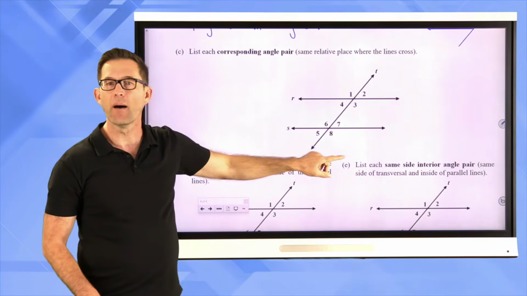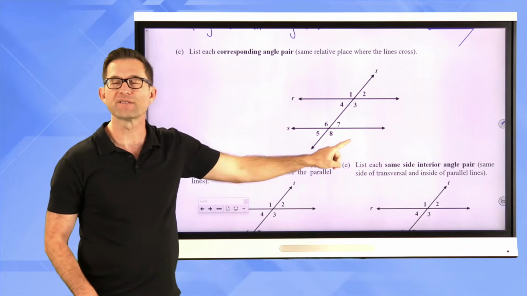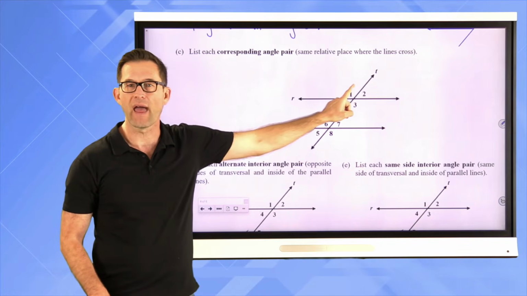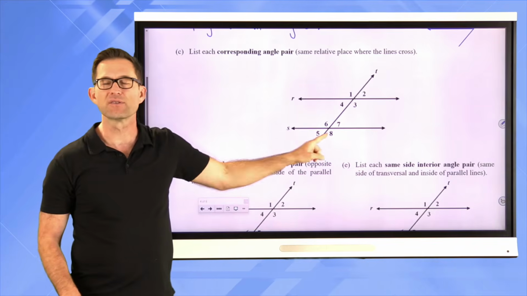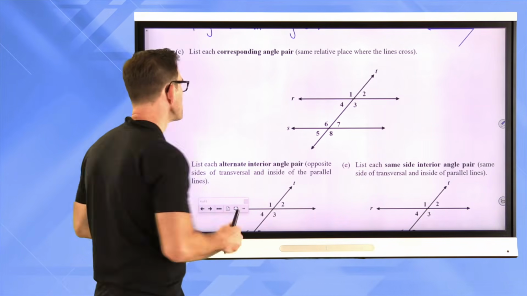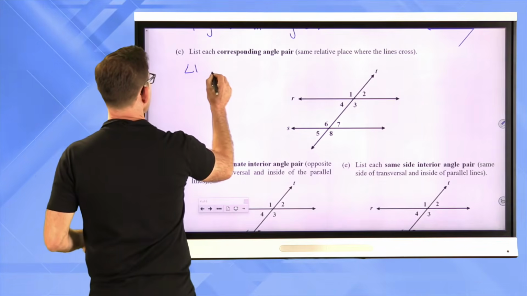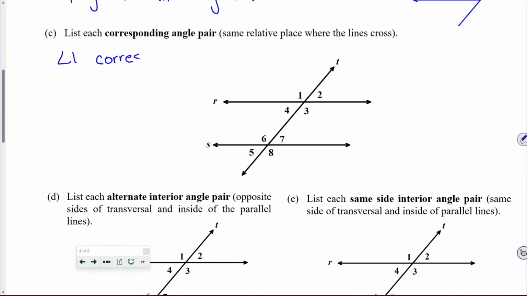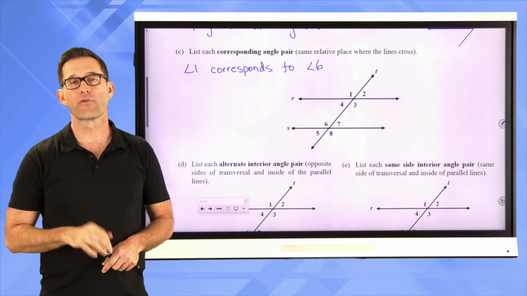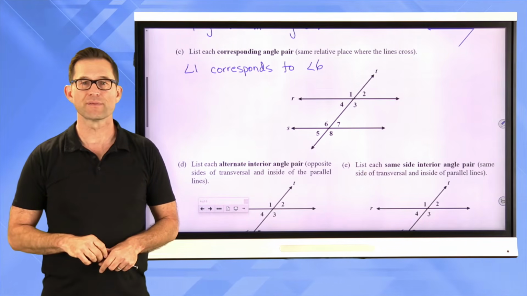What angle is in the upper left-hand corner of this sort of X shape down here? Well, that's angle 6, right? Angle 1 and angle 6 are in the same place. They're in the same corresponding location. So angle 1 corresponds to angle 6. See if you can write down the other 3 corresponding angle pairs.